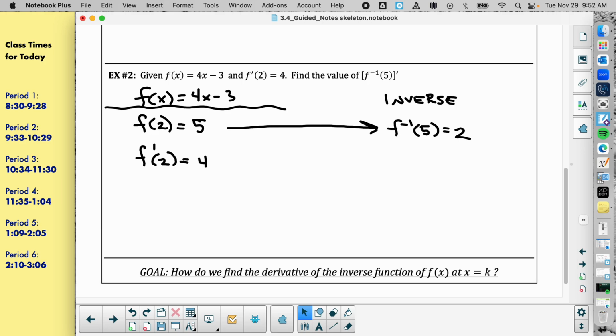We were asked to find the slope at 5. So that would be F inverse prime of 5. Because these locations go together, their slopes also do. So if this slope is 4, this slope is upside down.